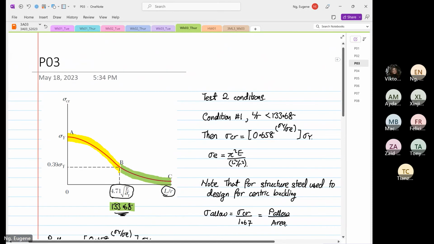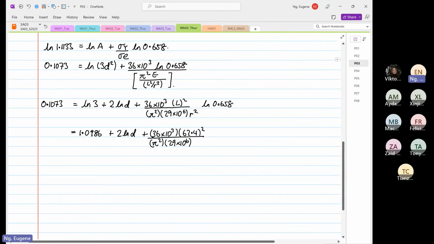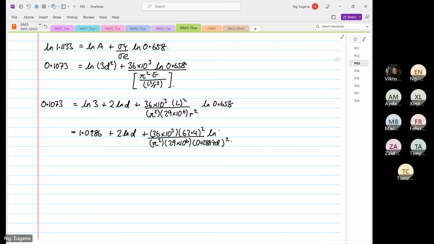Okay, so come here: 0.2887 d, and then the whole thing in brackets squared. Then the 62.4, you have to include the natural log of 0.658.